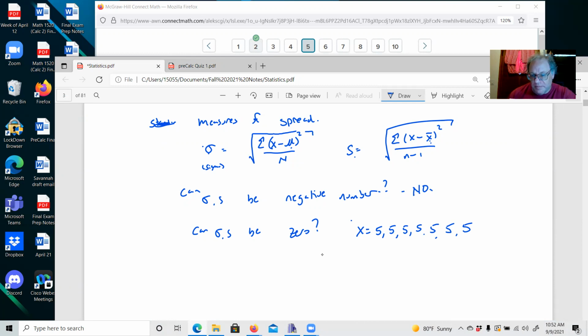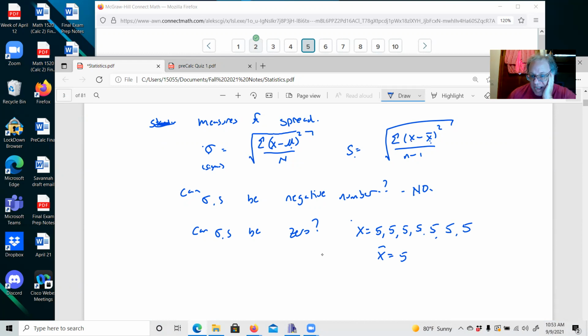Well, I should say it this way: they all have all their fingers on each hand. So it's a boring data set. Everybody has 5 fingers. What's the average? Average is 5, right?